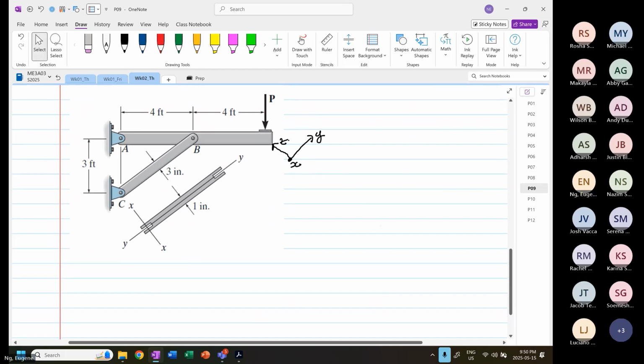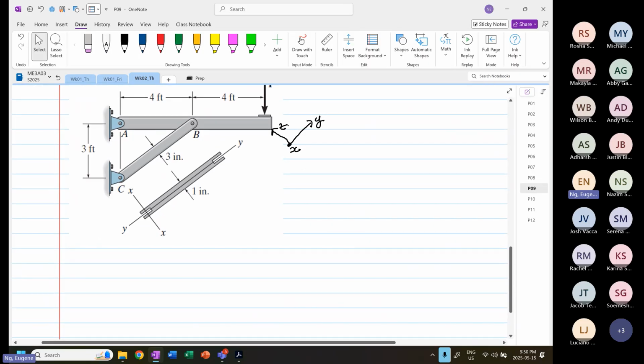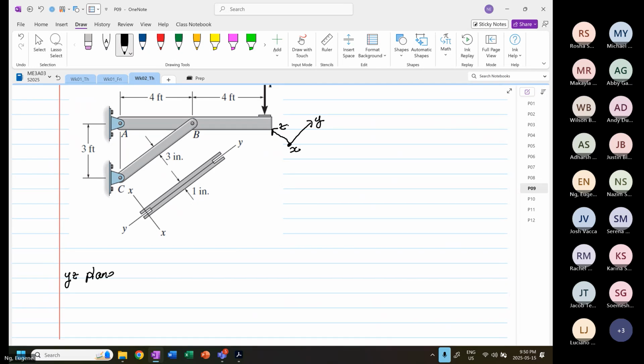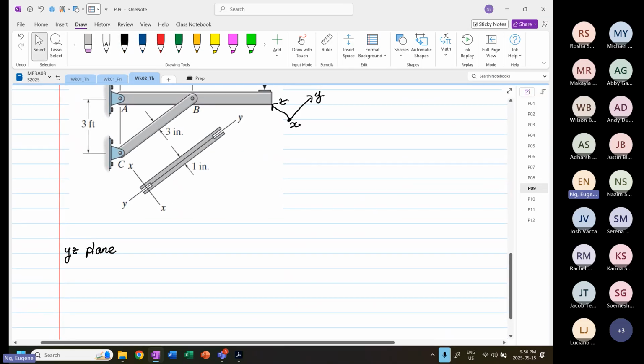So now let's look at what will happen on the YZ plane. So it looks like this.